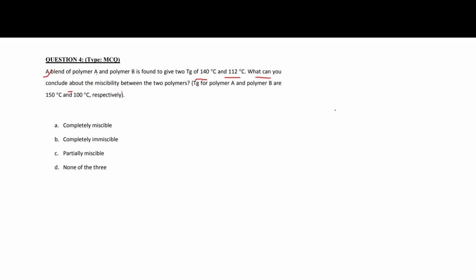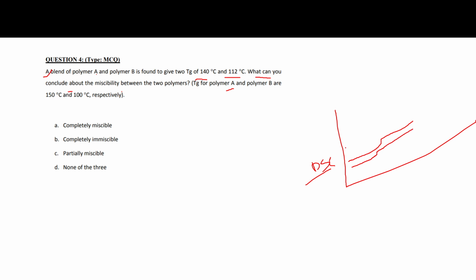When you do DSC, differential scanning calorimetry, of the polymer sample, we can get the Tg. So polymer A has a Tg around 150 degrees centigrade, and polymer B has a Tg around 100 degrees centigrade.